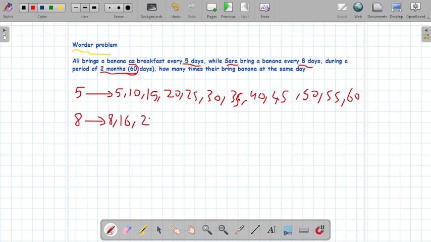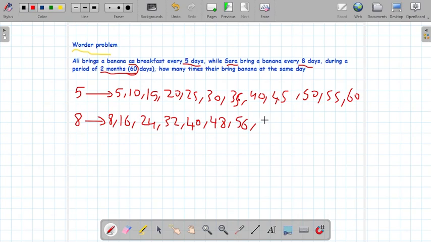After that at day 24, after that at day 32, after that at day 40. After that, 8 times 6, it will be at day 48. After that it will be at day 56.